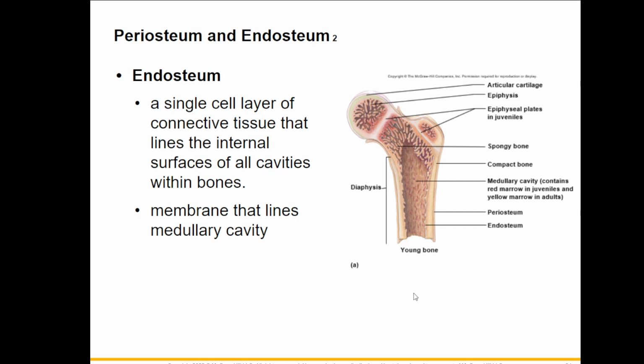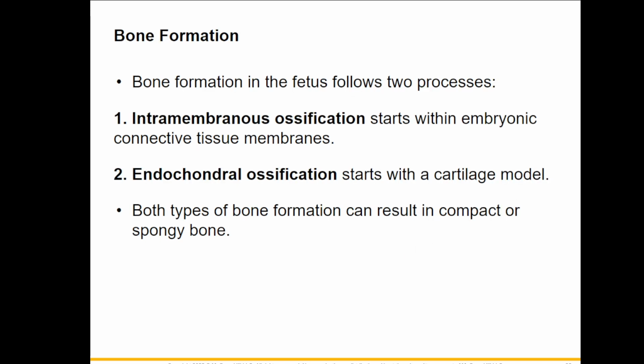So now we're going to be talking about bone formation. So bone formation occurs in two processes. The first is intramembranous ossification, and the second is endochondral ossification. Now, intramembranous ossification starts while we are inside the womb of our mothers.